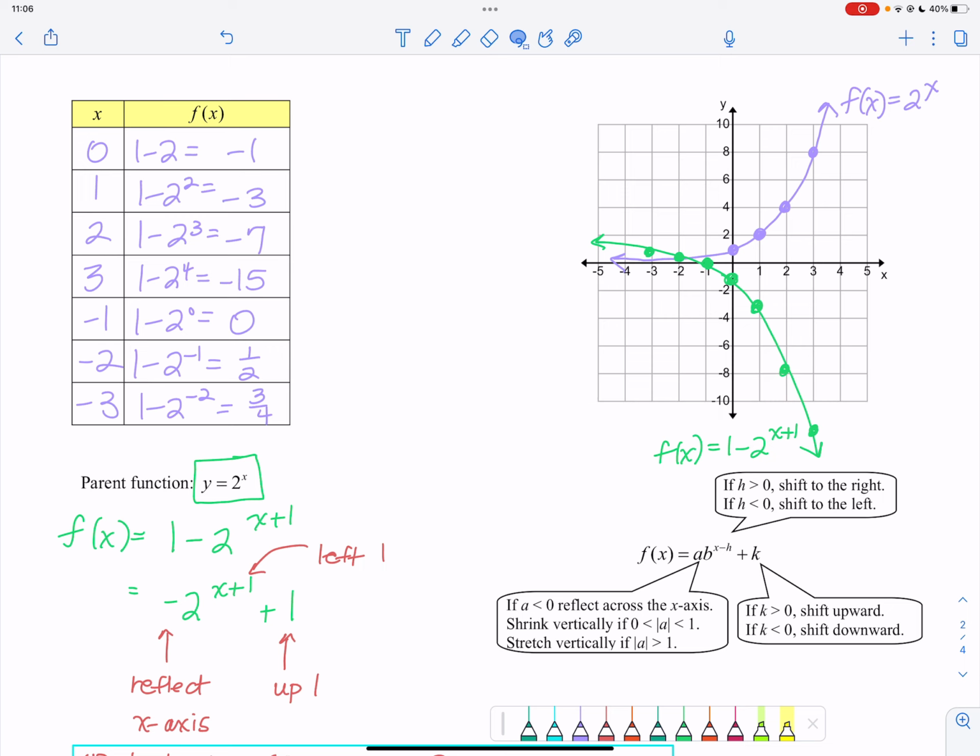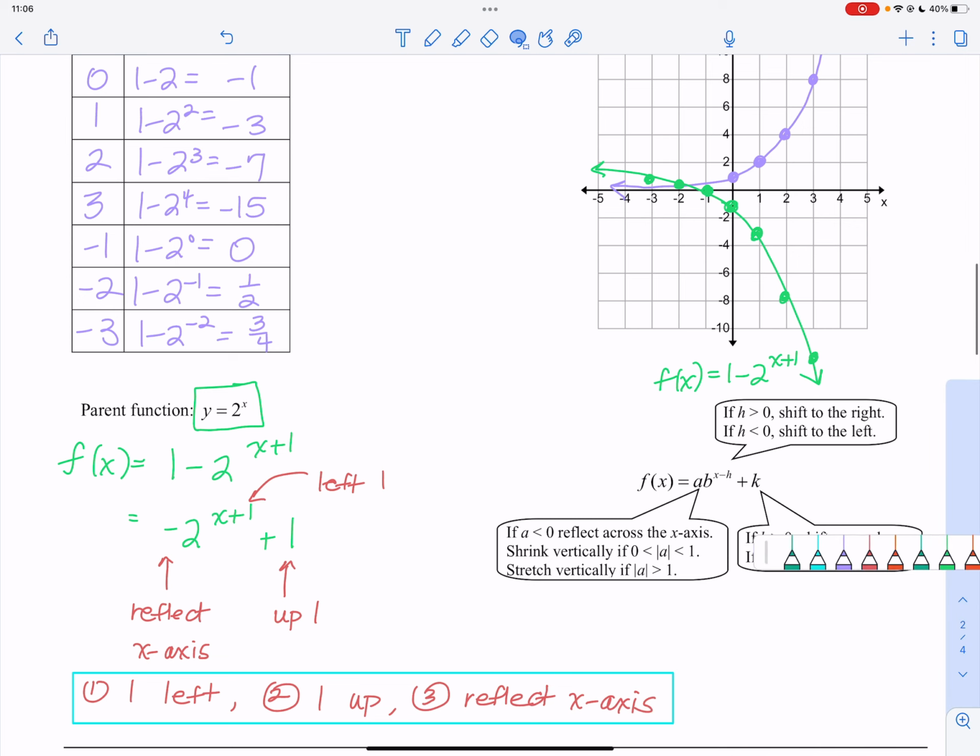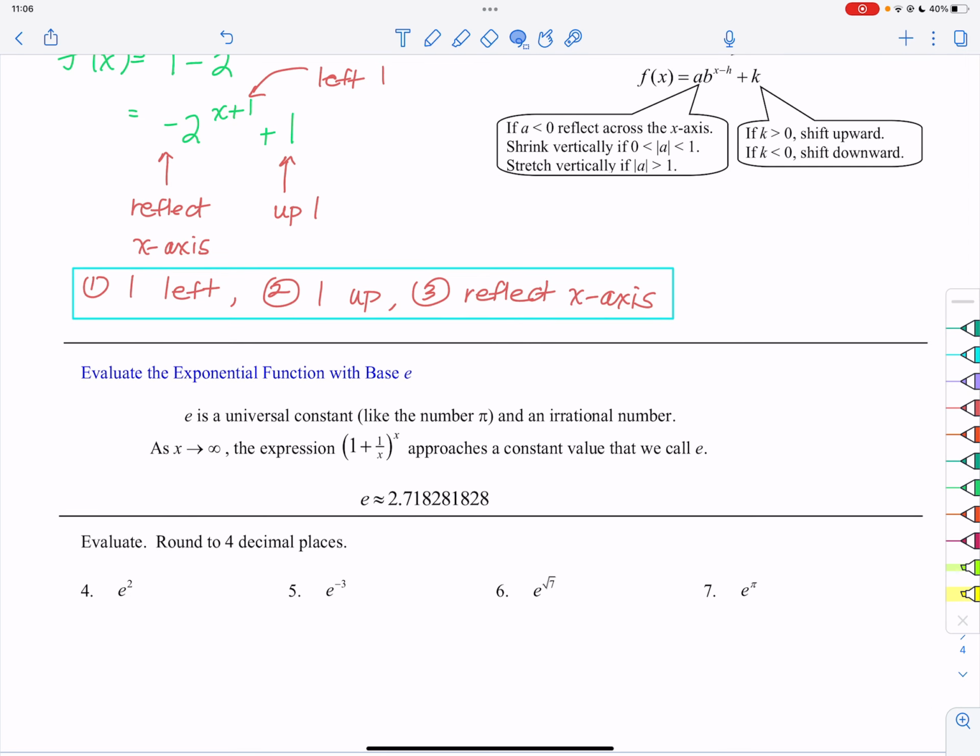Okay, so now we're going to take a look at a graph that has a base e. So an exponential function with base e. And e is a universal constant, just like the number pi. Keep in mind that e is a number.